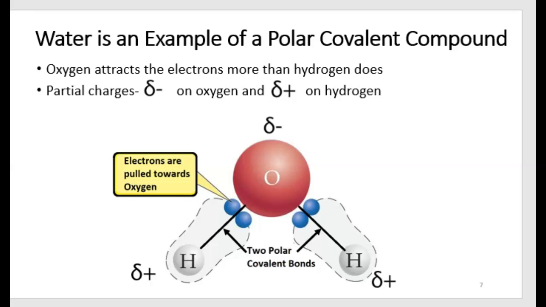Structurally, one oxygen is bound to two hydrogens, and so there's two covalent bonds. But they're polar because oxygen has a high electronegativity compared to the hydrogen. As a result, there's a partial negative charge on the oxygen and a partial positive charge on each of the hydrogens. And again, here is that delta symbol that indicates a partial charge.